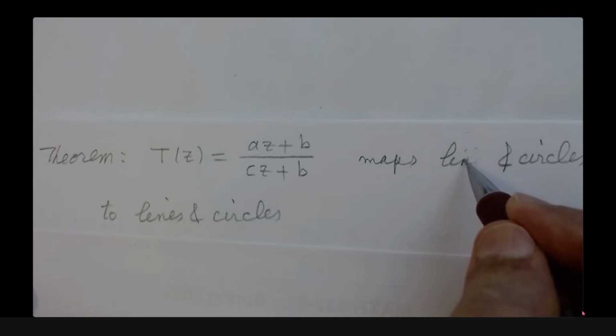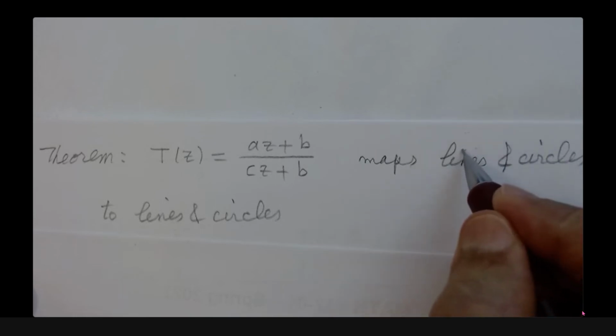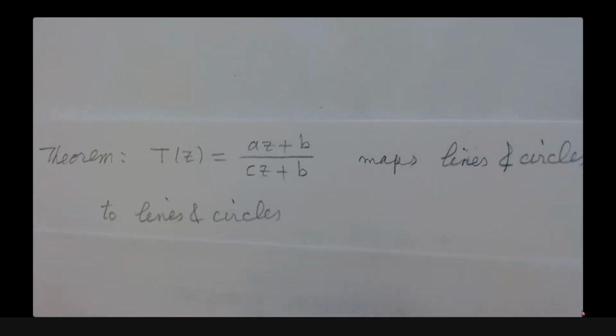A line can go to a circle. And a circle can go to a line, all right? So the totality of lines and circles will be mapped to lines and circles. Let's see why that is the case.